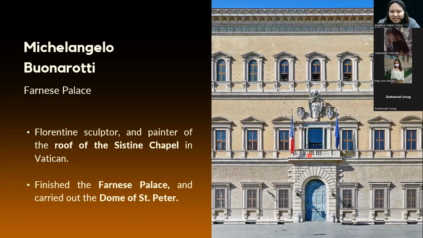Ay, hindi po ba? The Last Judgment was painted by Michelangelo, of course. Pero where did he paint that? Where did he paint that? Ayan na.